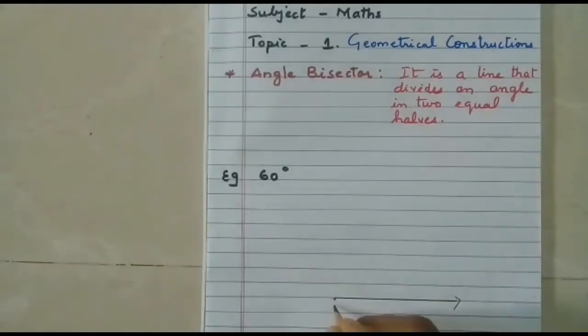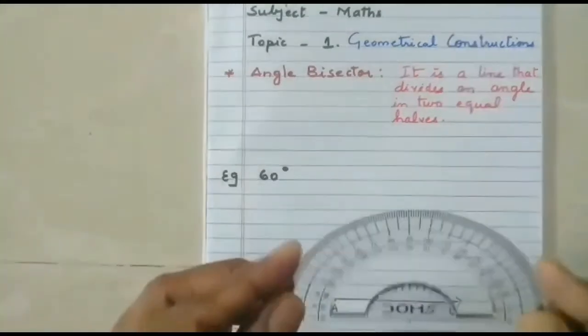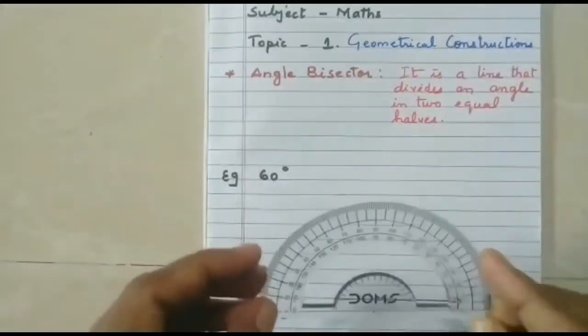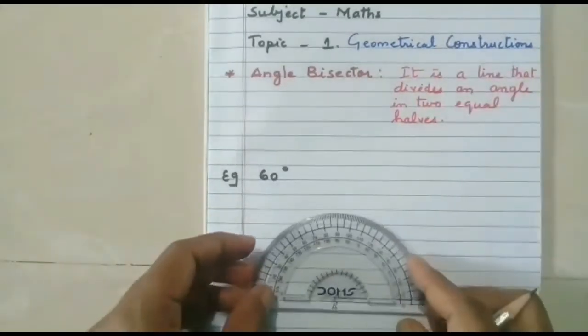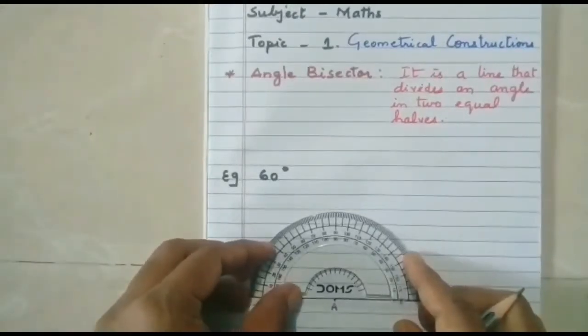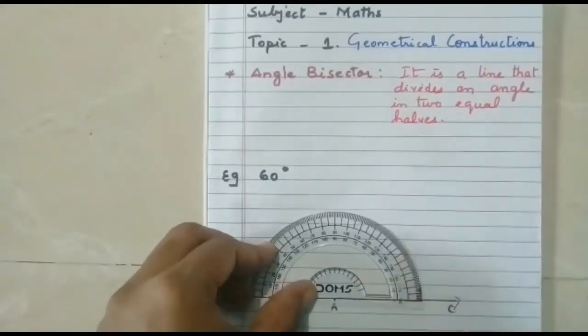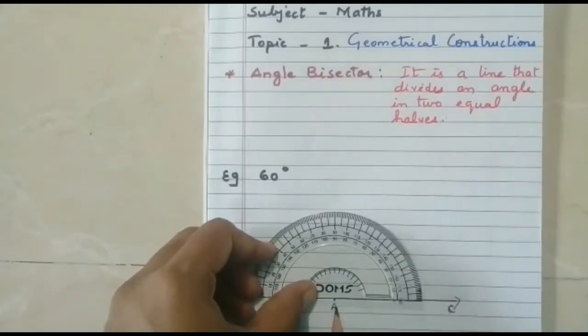Name it as A, C. A and C. Now take a protractor. See to it that when you keep the protractor, the center of the protractor must coincide with the point A.